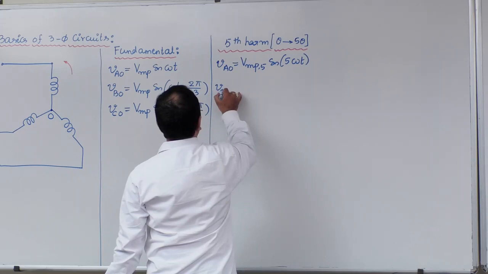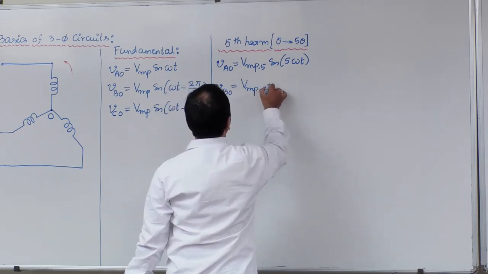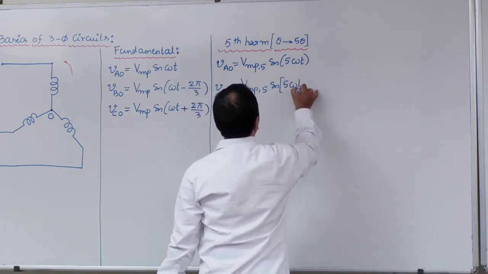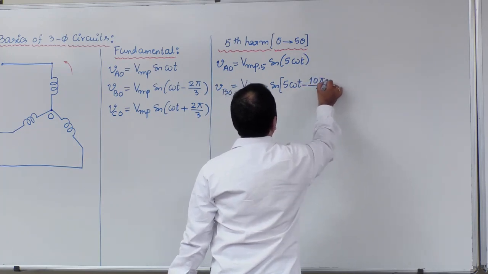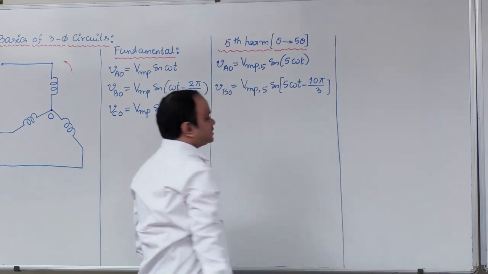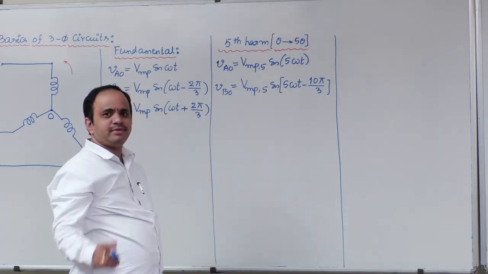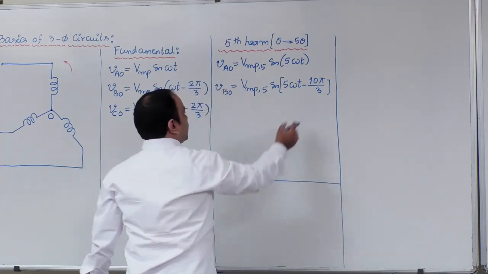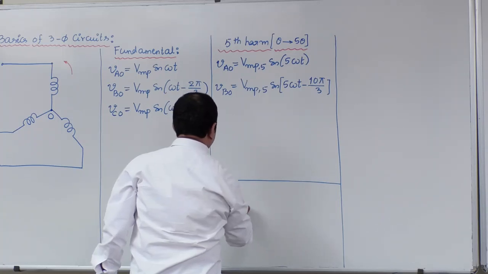In similar lines, VBO I can write as VMP5 sin of 5 omega t minus 10 pi by 3, because the total angle should be multiplied by 5. Next point: how can you write this 10 pi by 3?